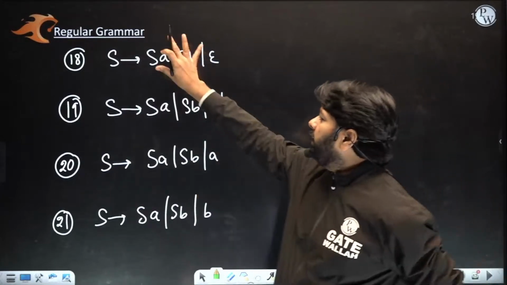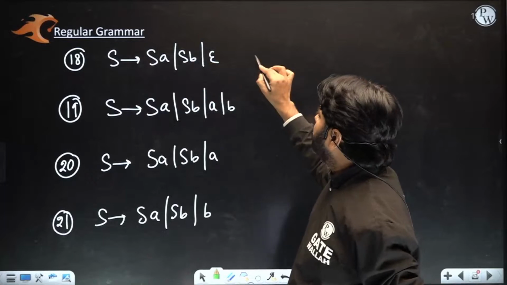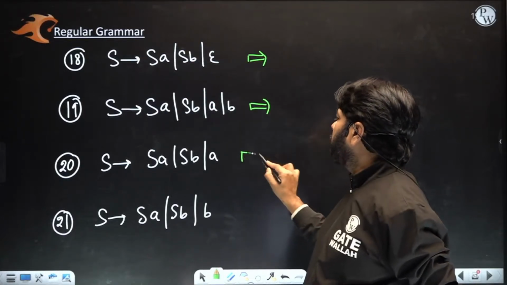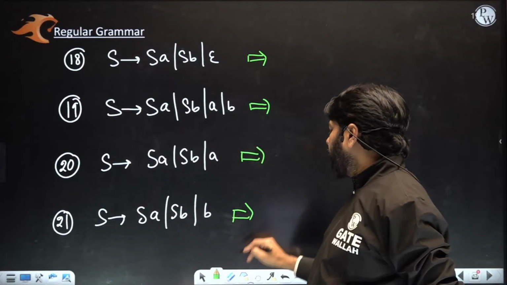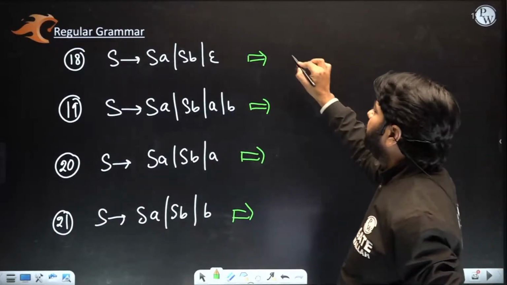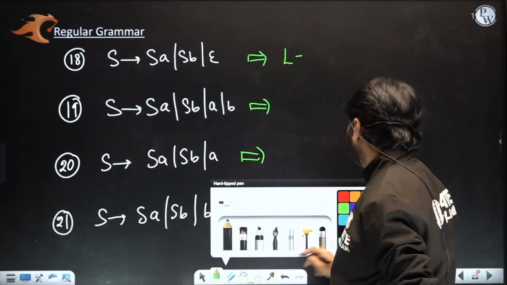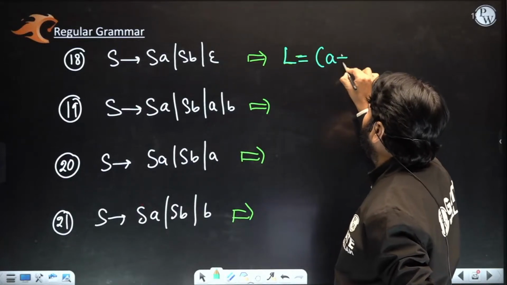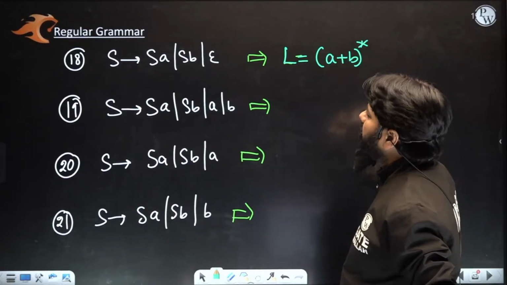First one: it is (a+b)*. Before that epsilon comes. So the answer is going to be (a+b)*. If I don't give you that rule or formation, you may take much time to understand sometimes. Now it's going to be very easy for you to write the language. It's (a+b)*, epsilon no need to write before.